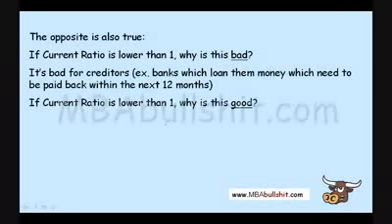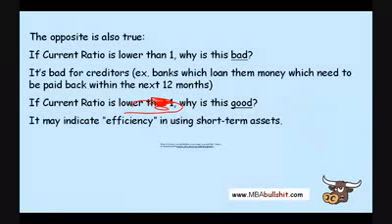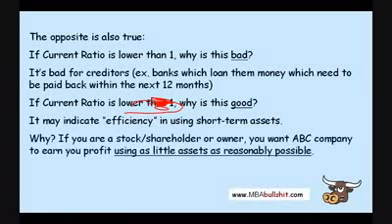Not necessarily lower than 1, but if the current ratio is lower, why is this good? It might indicate efficiency in using short-term assets. If you are a stockholder or a shareholder, you will want ABC company to earn you a profit using as little assets as reasonably possible.